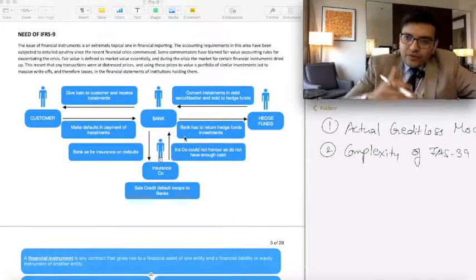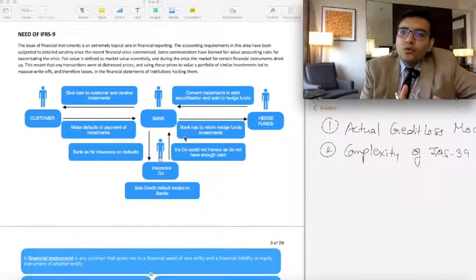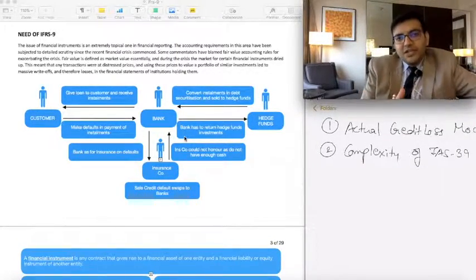When we move forward in the upcoming lectures, we'll compare it with IAS 39. There are a lot of things where IAS 39 was a rule based concept, it was not a principle based concept.